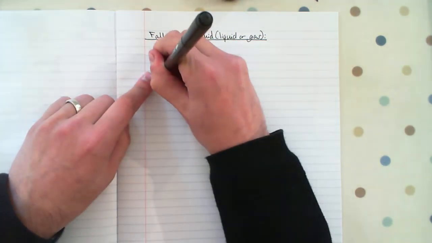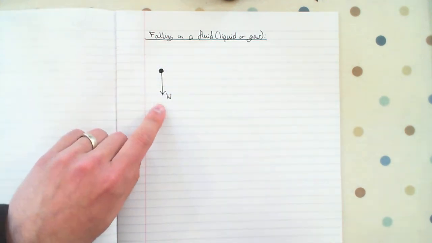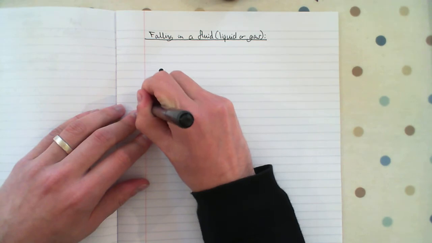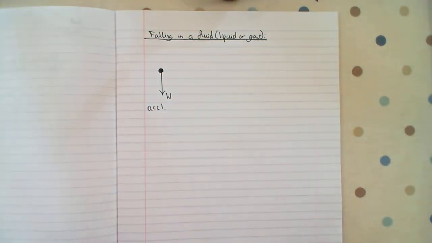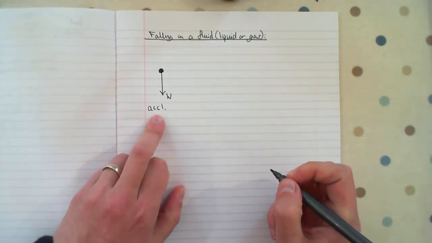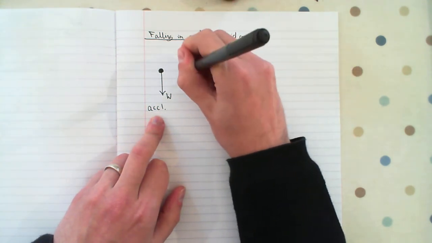At the point of it being dropped, that object has only got weight. The resultant force is downwards, so it's accelerating downwards. But as it accelerates downwards, it gets faster and faster. It's accelerating, so we get some air resistance, or water resistance, or fluid resistance.